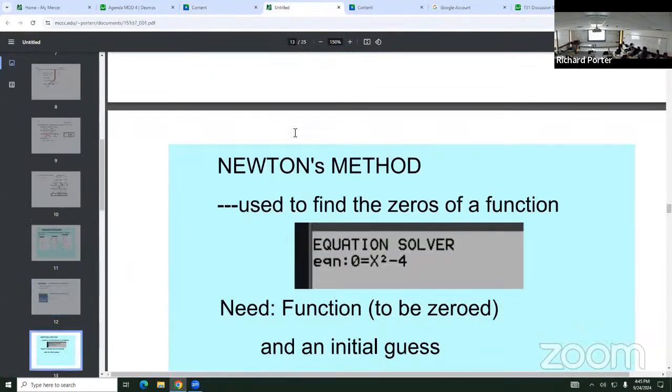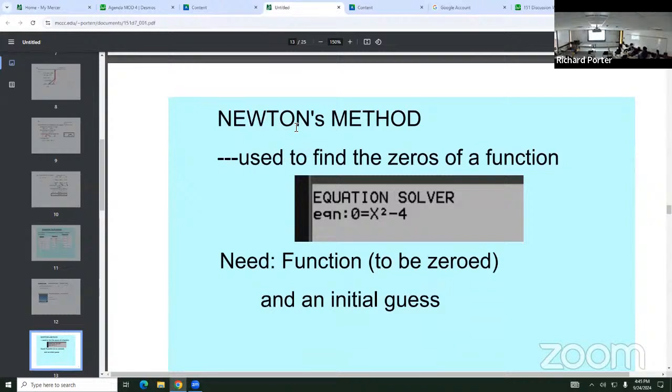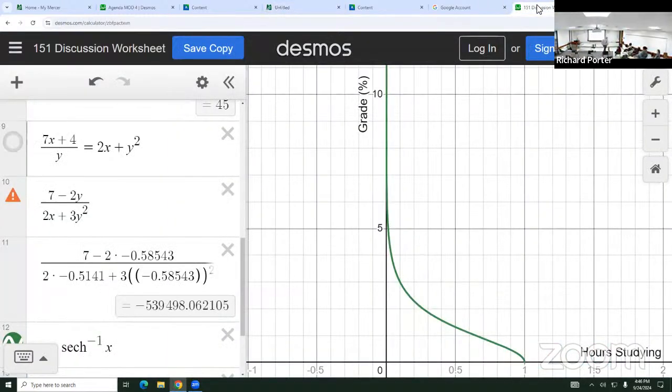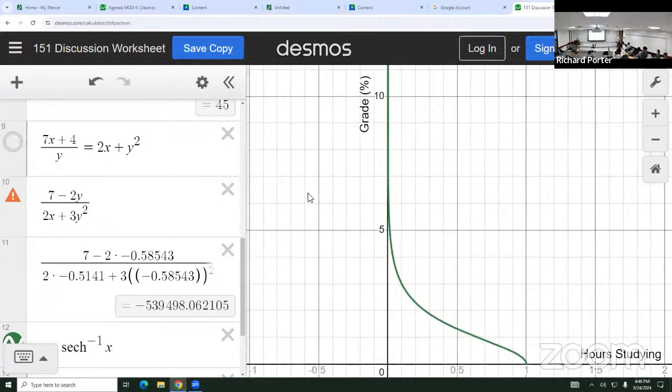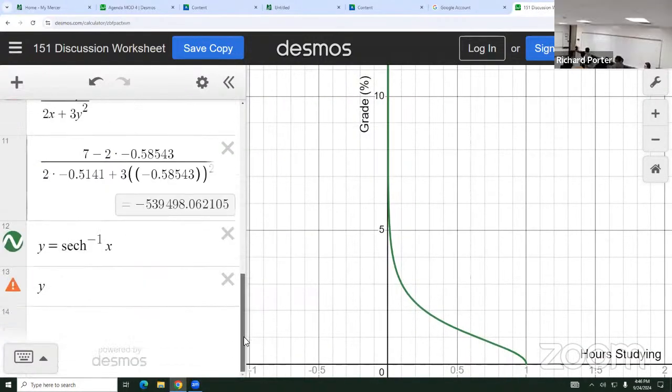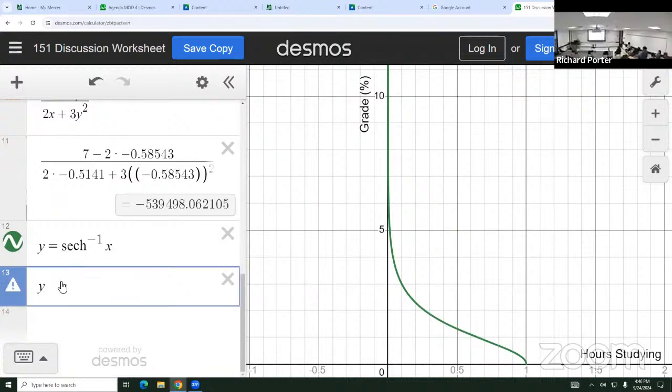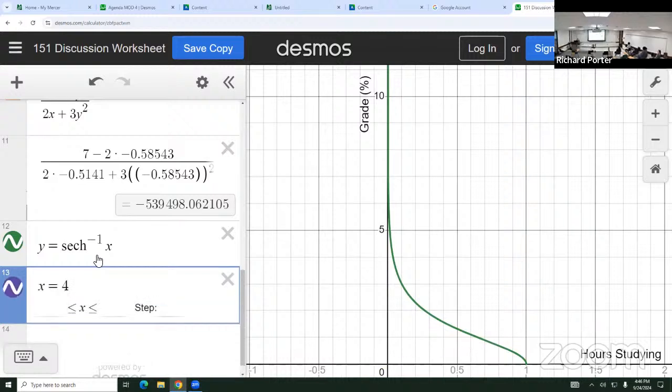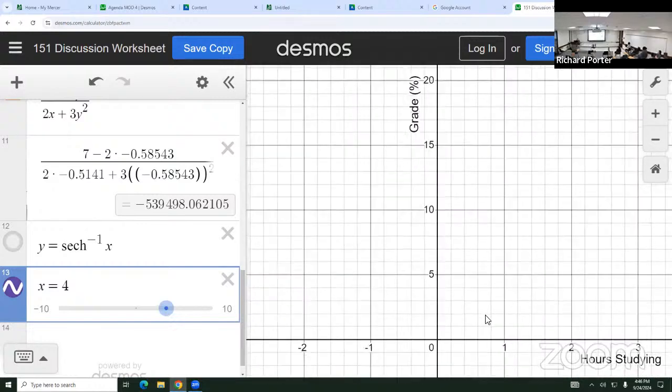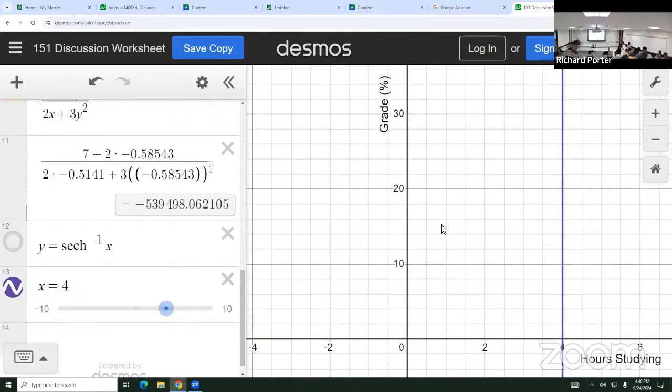Okay, so what is Newton's method? Newton's method is a way, I told you, of finding more decimal places. When you're on Desmos, if you want to solve an equation, if you just type in x equals 4, that's a vertical line.